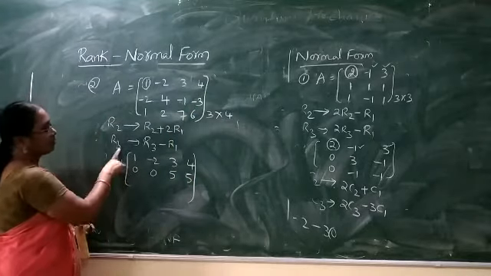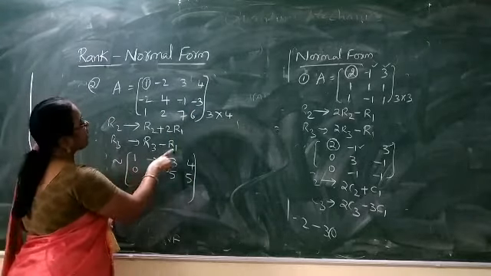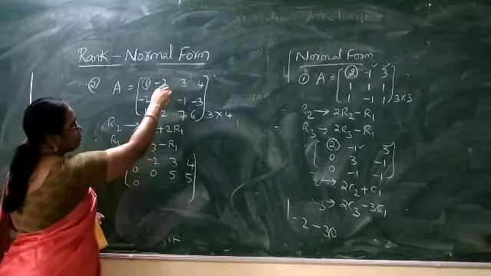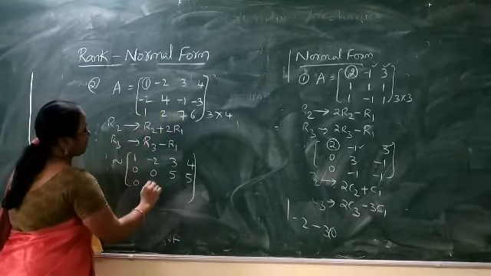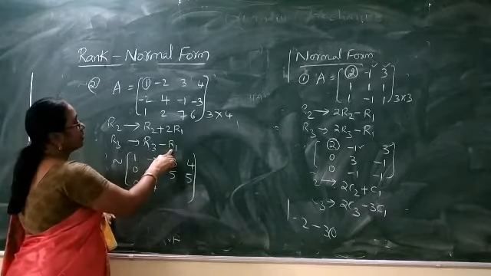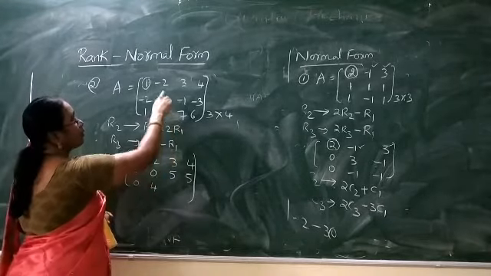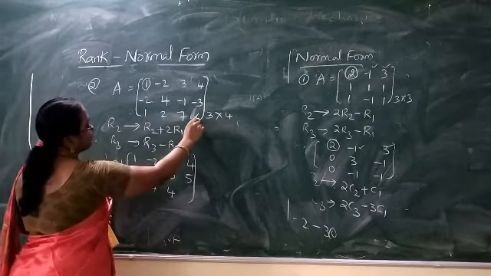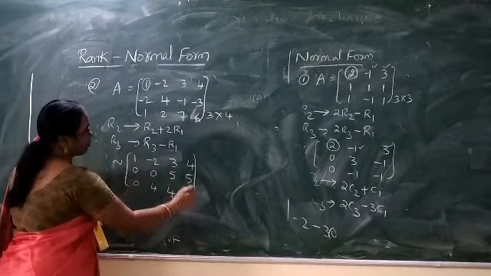Now coming to the third row, as it is R3 minus R1, we have 1 minus 1 is 0, 2 plus 2 is 4, 7 minus 3 is 4, and 6 minus 4 is 2.